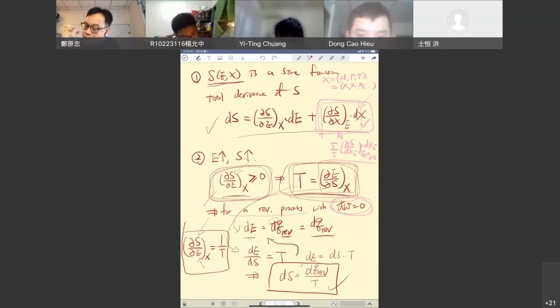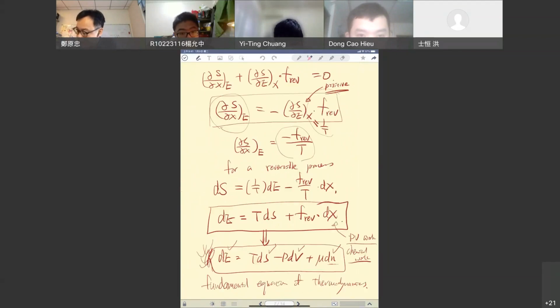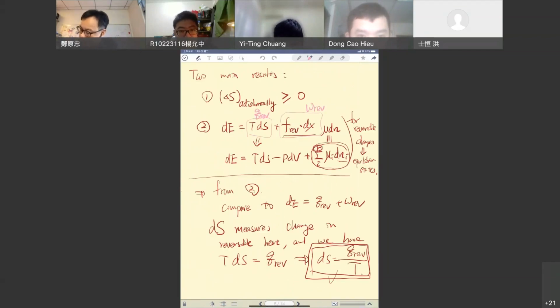So if you want to derive that equation from this statement, it's not enough. This result, if we derive it from here, is under the assumption that your work is zero. There's no work performed on the system. However, this equation is more general. You can very generally argue that it's always true.